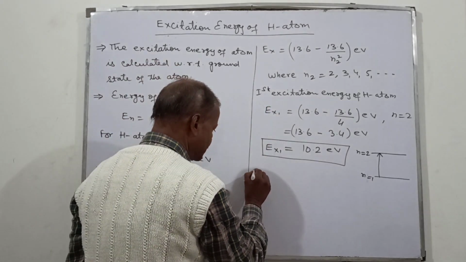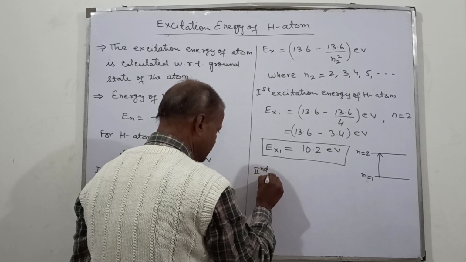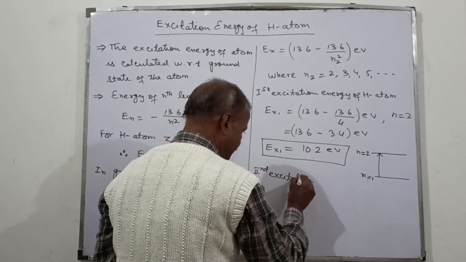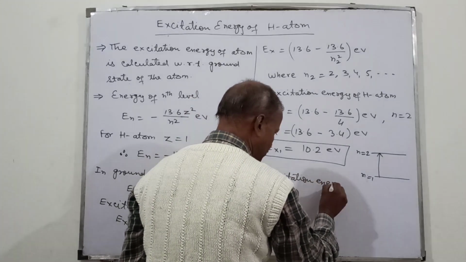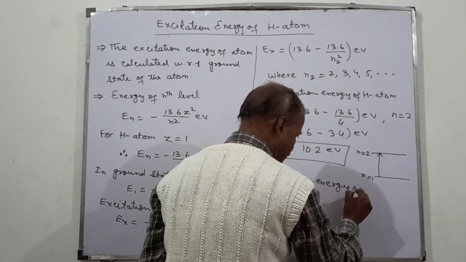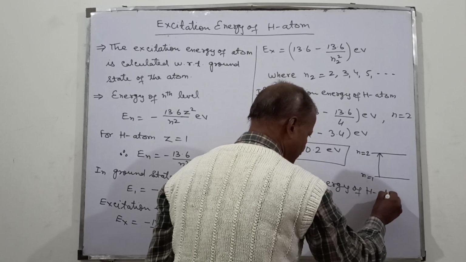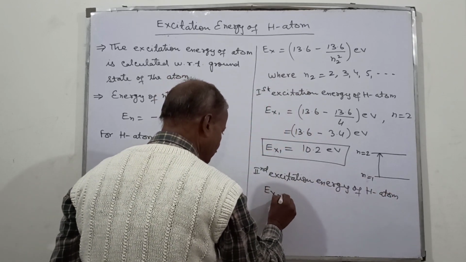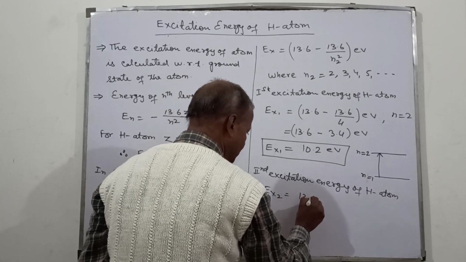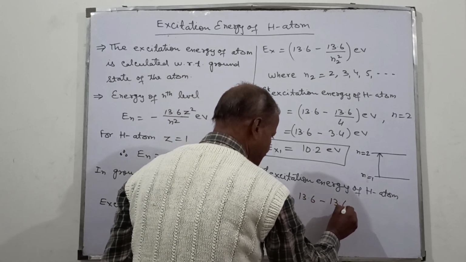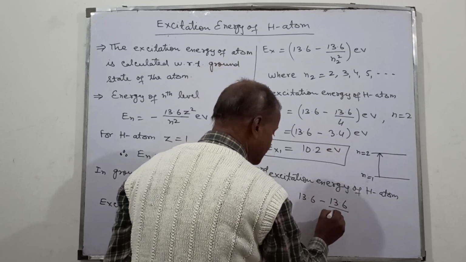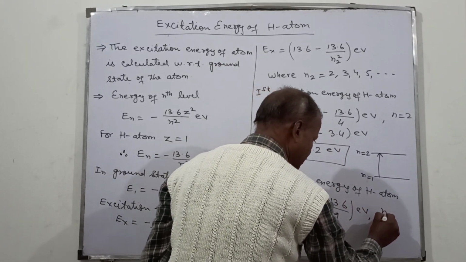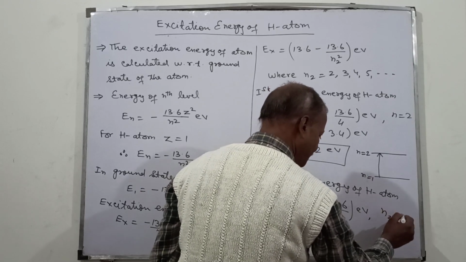Now the second excitation energy of hydrogen atom. EX2 is equal to 13.6 minus 13.6 upon 9 electron volt. Here n2 is equal to 3.